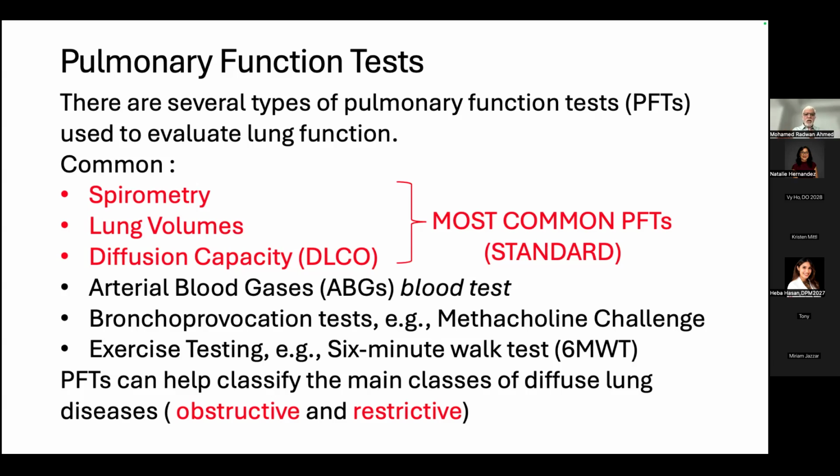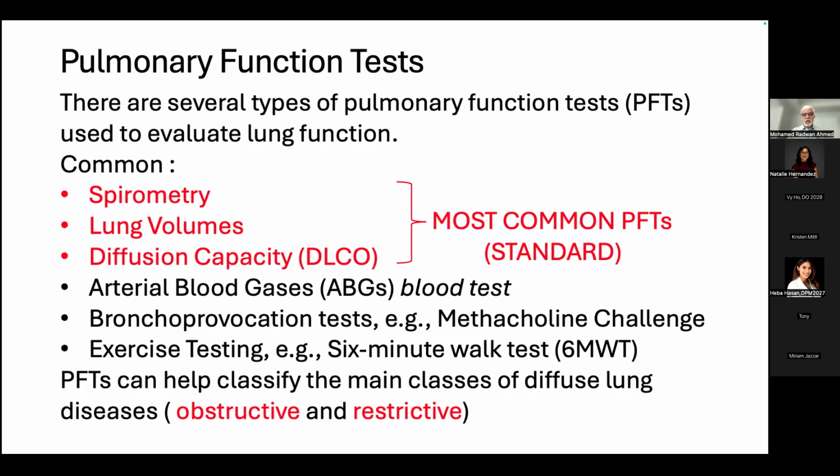Why carbon monoxide? Because it has high affinity to hemoglobin, so it goes fast from the lungs into the blood. So this way, it's very sensitive. If this carbon monoxide diffusion is less, it means the diffusion in the lung, which is the gas exchange, is less.